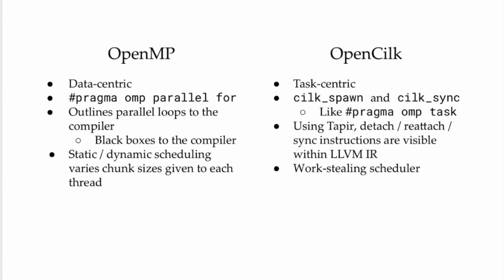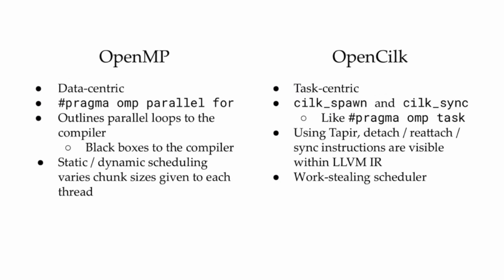Additionally, there's a bit of a difference in how it talks to the compiler. With OpenMP, the compiler reads it as outlined parallel loops, but the code itself is a big black box. Using Tapir, however, which is attached to the LLVM compiler that OpenCilk is built on, the detach, reattach, and sync instructions are all visible to the compiler with the intermediate representation that it uses.